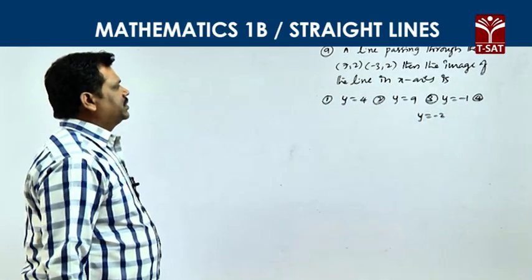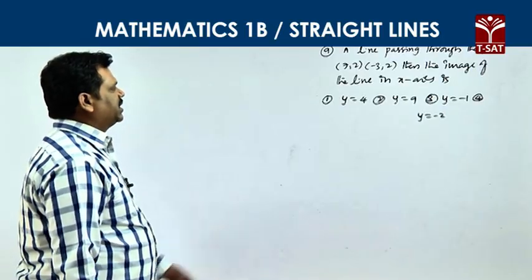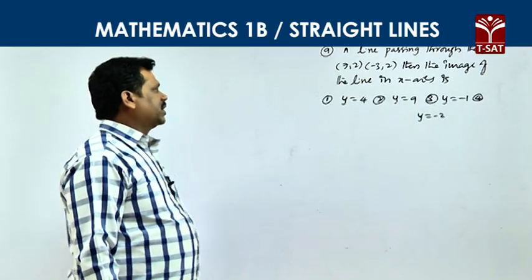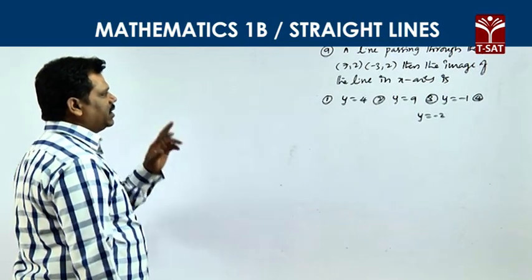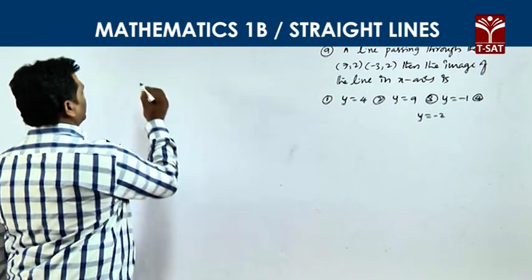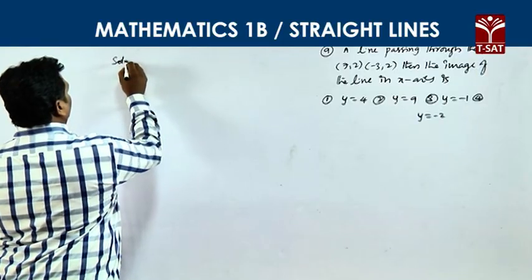So first we have to find the equation of the line passing through the given 2 points (7, 2) and (−3, 2). After that we have to find the image of that line with respect to the x-axis. Solution.